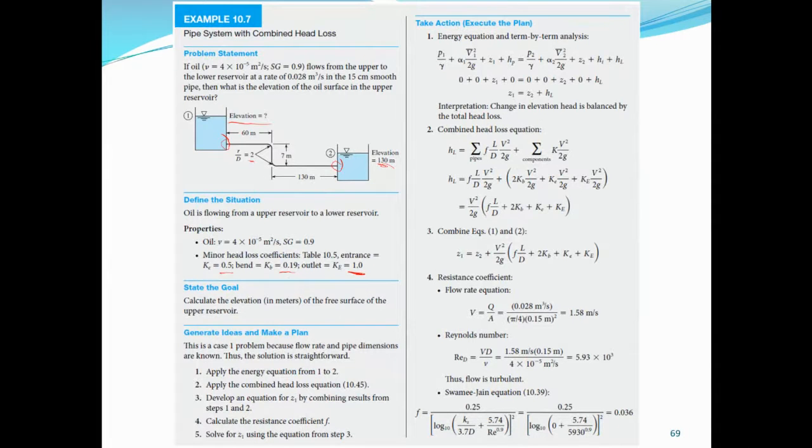So now we apply the energy equation. We don't have pump, we don't have turbine, and then the pressure cancels out because it is atmospheric.